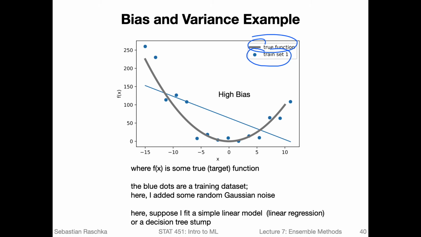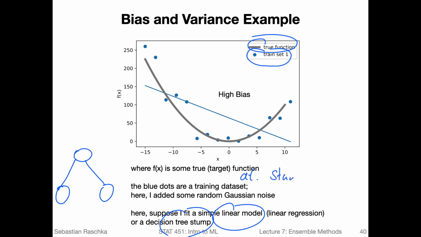And we fit a simple model, for example a linear regression model or a decision tree stump. A decision tree stump is a decision tree with only one split. It's just a very short decision tree.